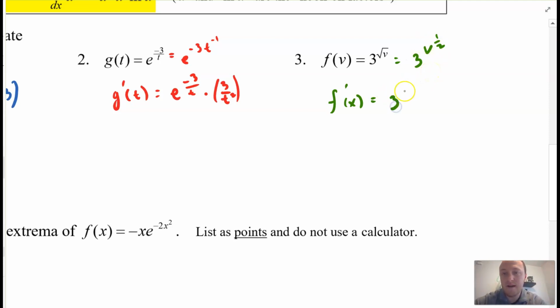So I have 3 to the power of root v times the natural log of 3, times now the derivative of my power, which is 1/2 v to the negative 1/2 power. Okay, so there is the derivative.